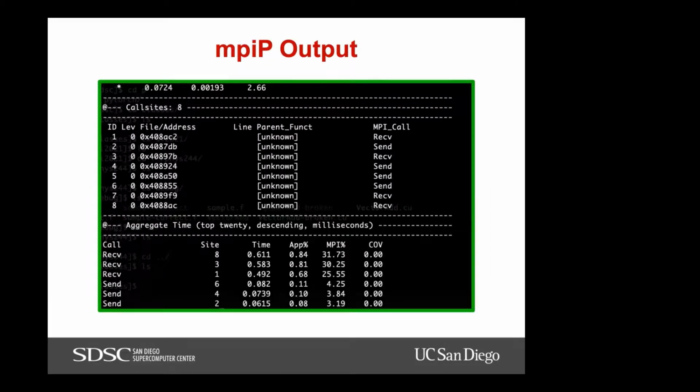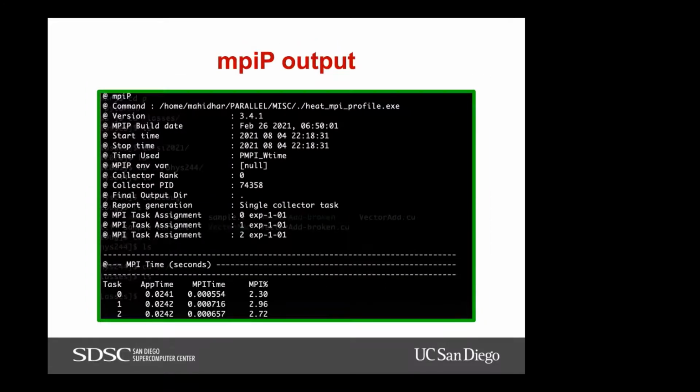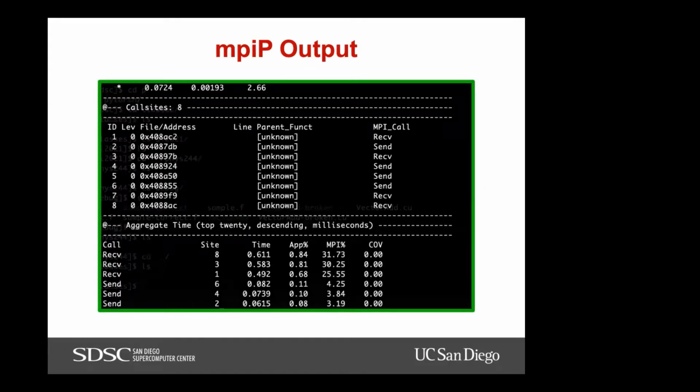You can find out very quickly, because it's showing you the MPI time per task, if there is some imbalance. Like if one of the tasks is doing a huge MPI wait, you should go look at why this is happening. So it's a quick way of finding things. And it's also a quick way of finding out if your code is constrained by communication or something else is going on. So that's a good quick tool.